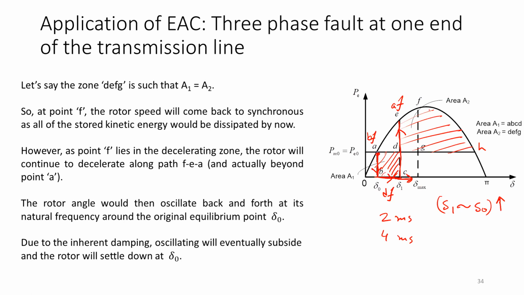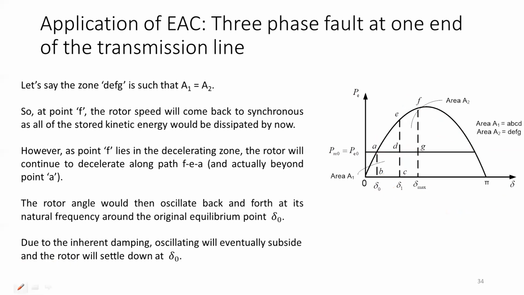The question is, say this is my delta C, critical clearing angle. Let's say at some point I'm getting my delta C where my entire accelerating area is equal to my decelerating area. And let's say that going from delta naught to delta C, it takes 5 milliseconds.